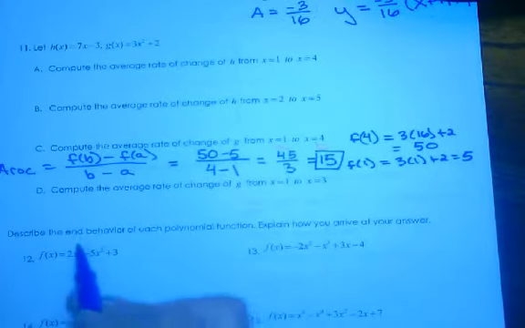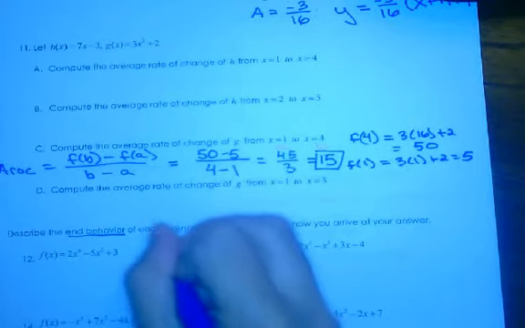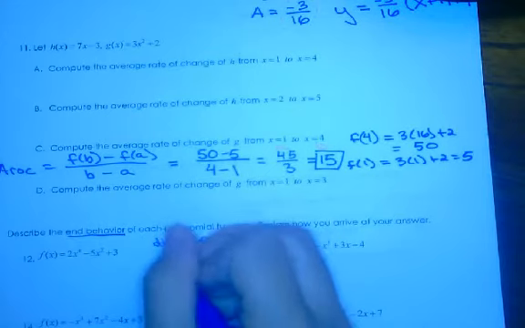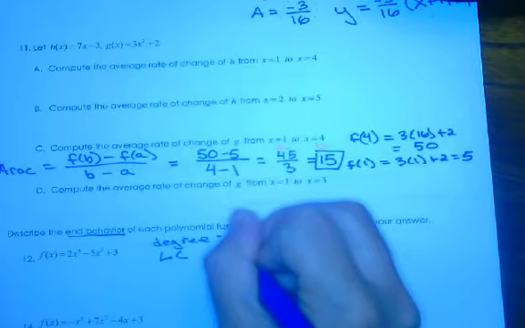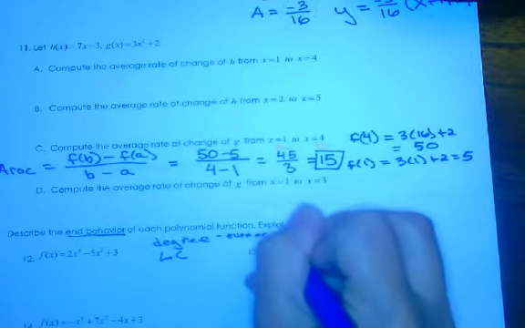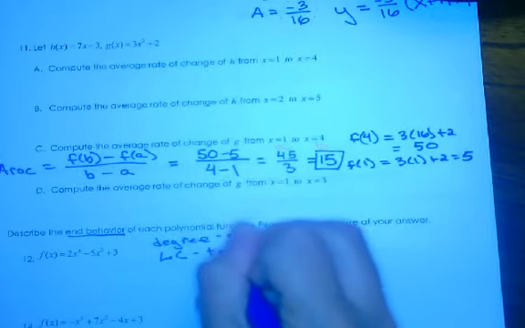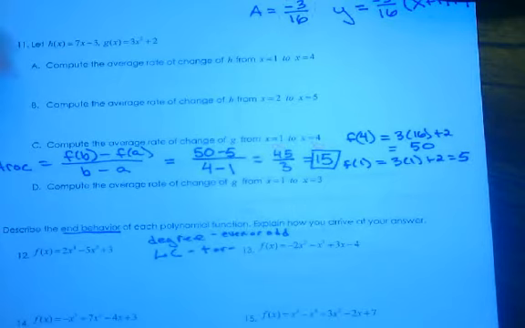So what you want to do when you are finding the end behavior, there are 2 things you need to look for. You need to look at the degree and the leading coefficient, so I'll just say LC. You care if the degree is even or odd, and you care if the leading coefficient is positive or negative. Those are the things you're looking at when you're doing the end behavior.